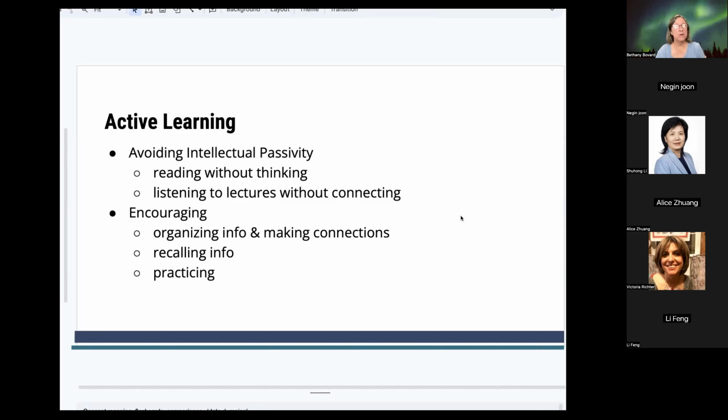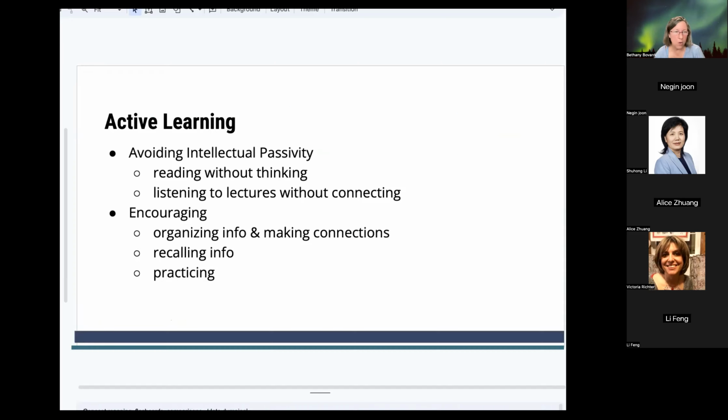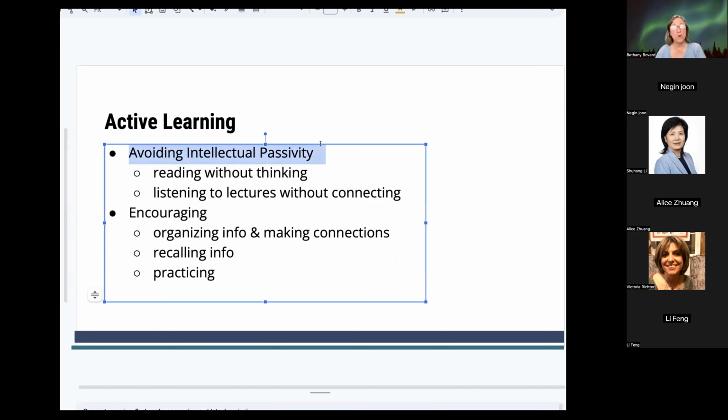So when you're designing your lessons, not only are you thinking about what sort of activities will I include to increase social presence, cognitive presence, and teaching presence? What sort of things am I going to do? But also, what am I going to do to help my students avoid intellectual passivity?